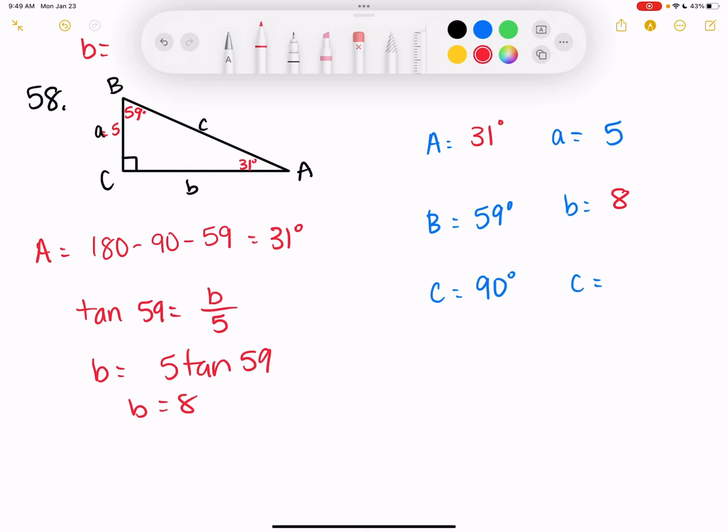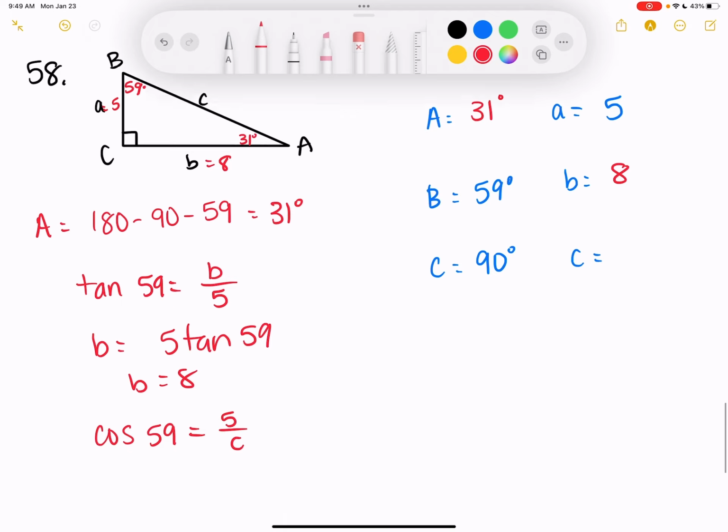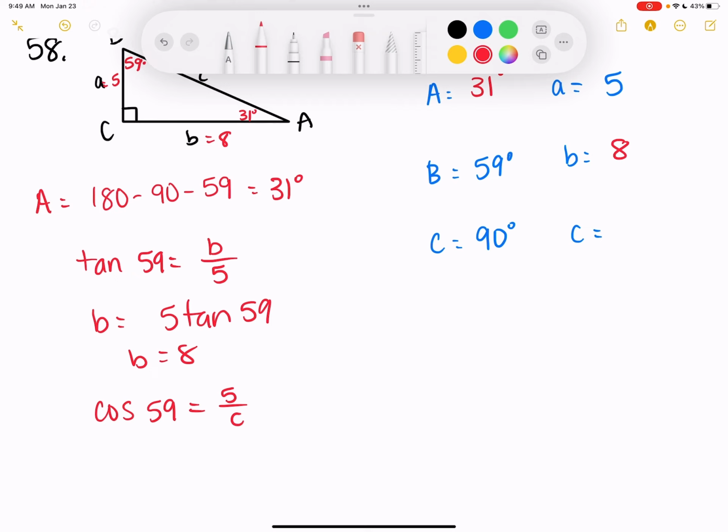And then how about finding c? Cosine of 59. Cosine of 59 is equal to adjacent over hypotenuse, so 5 over c. So I can swap c and cosine of 59.